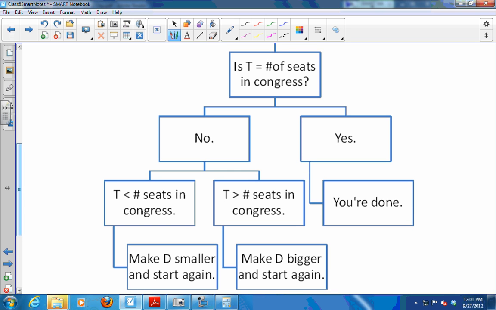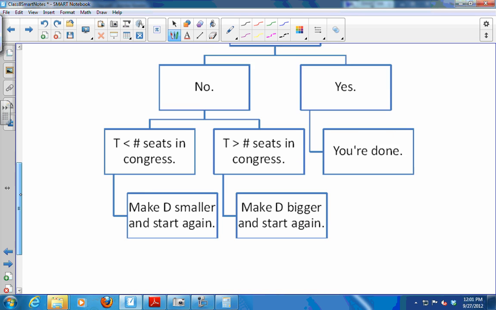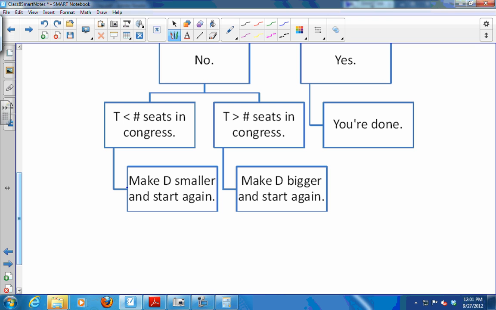So you follow the flow chart: is that number too small or too big? In our case, it was too small. We had 246. So it says make D smaller and start again. It could be that we went down to 49,000. You have to just start with a guess, and you narrow in on a divisor that works.